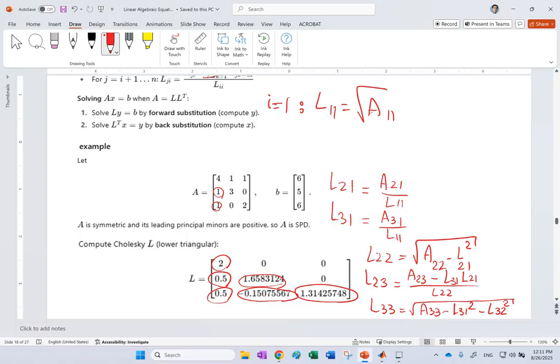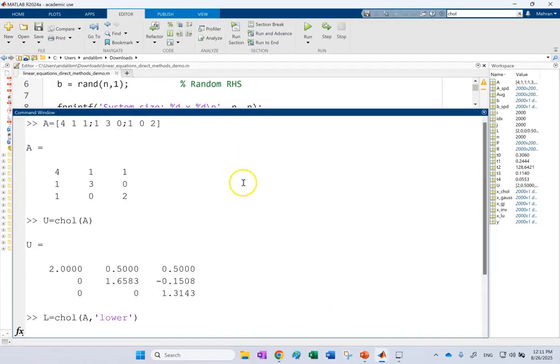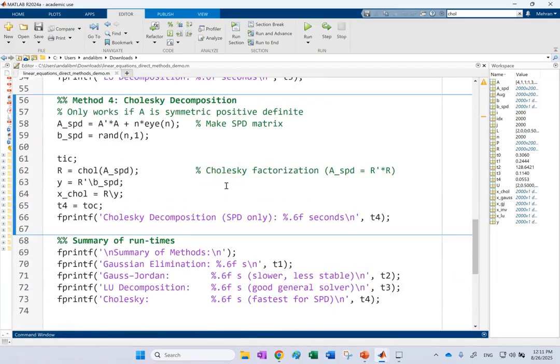Okay, and then you can find all of the L components as I said here. And as I showed you in MATLAB, this is extremely fast for when the matrix is symmetric and positive definite, SPD. And this is the code for it.